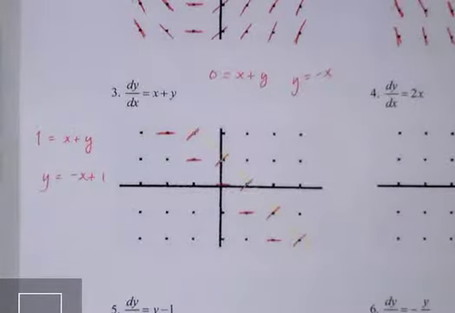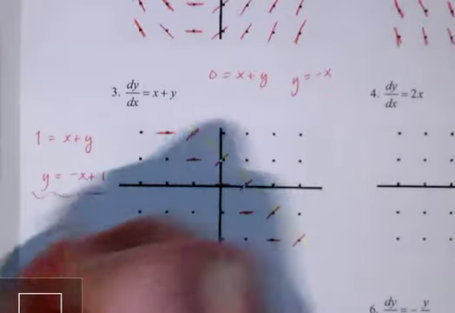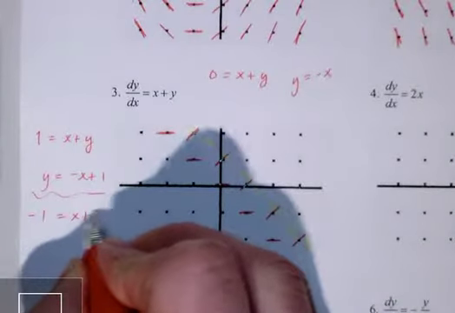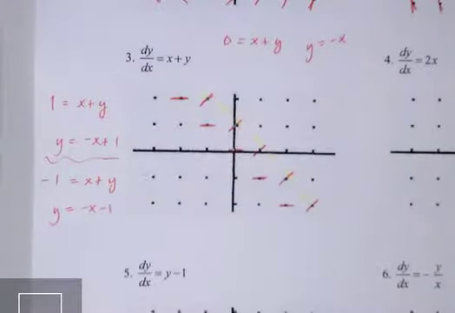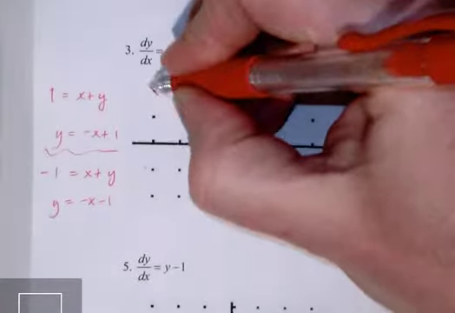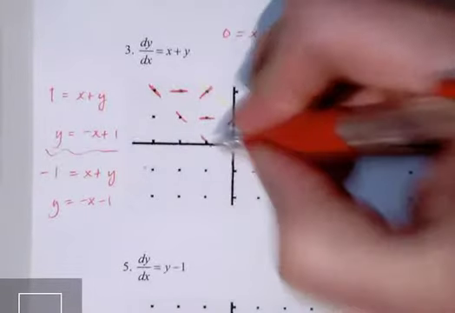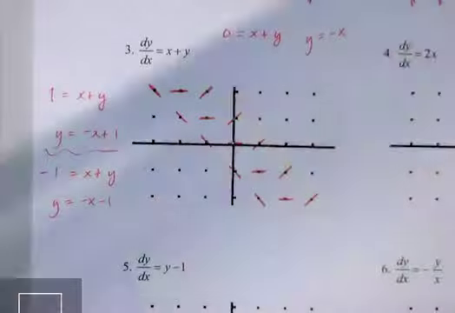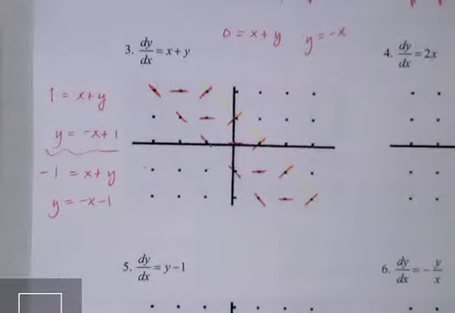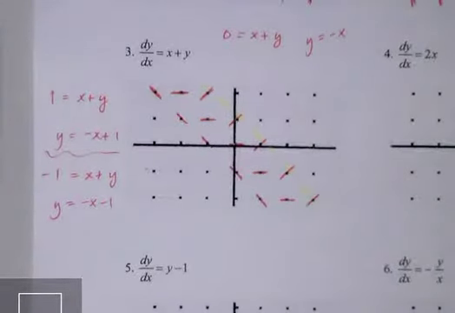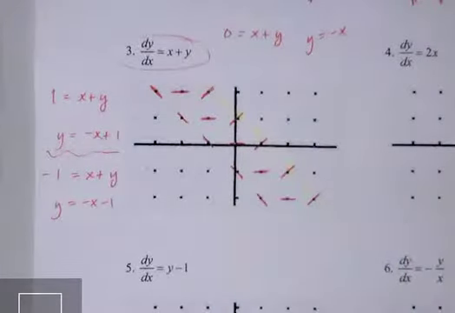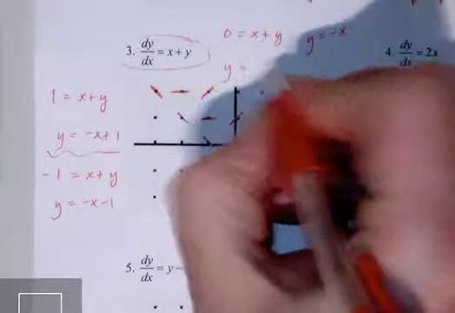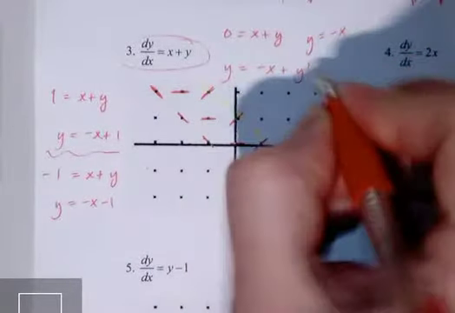Okay. I could do it again if I wanted to for -1 is equal to x plus y, and that would be y is equal to -x minus 1. And so I would basically get these. Okay, well, basically what's going to happen is I could just go ahead and solve this and say, well, y is equal to -x plus y prime.